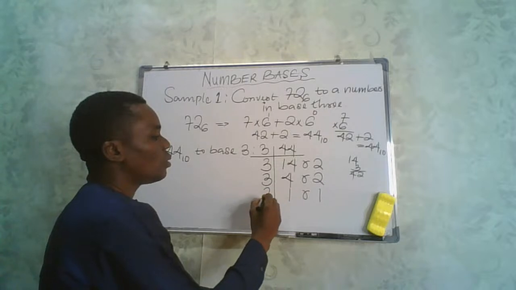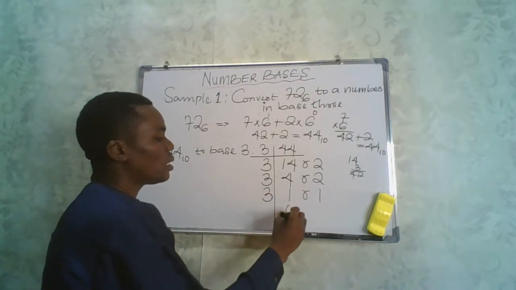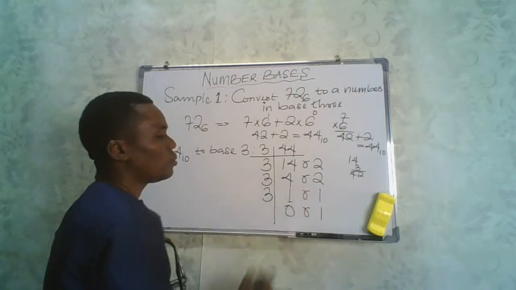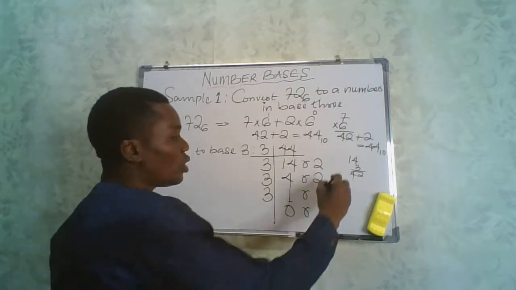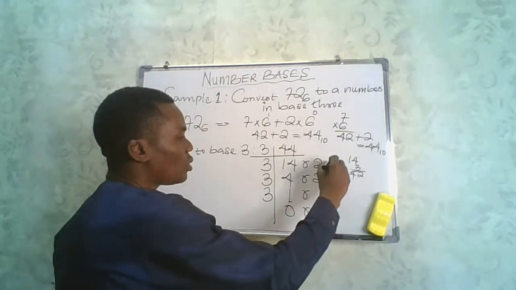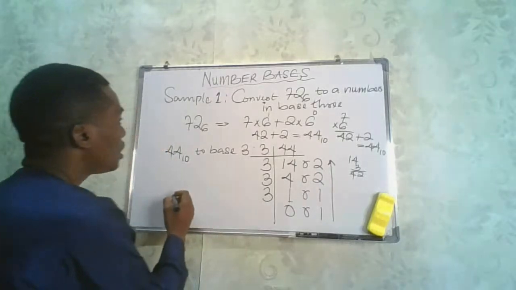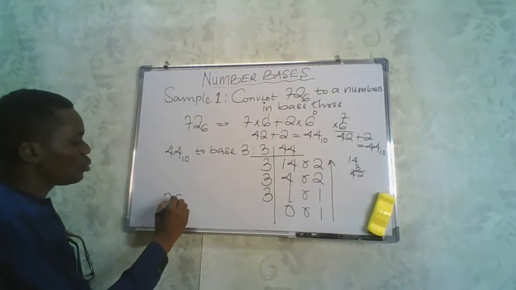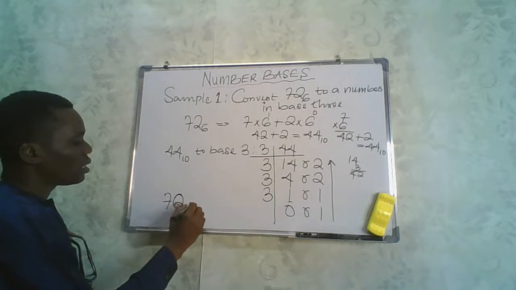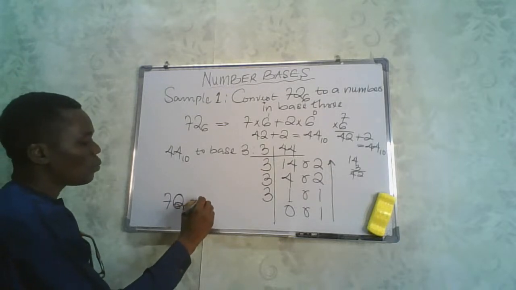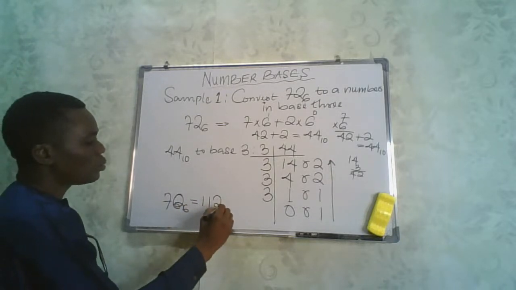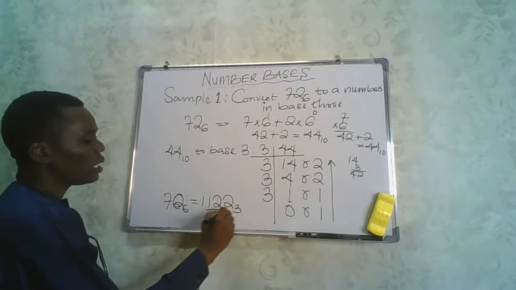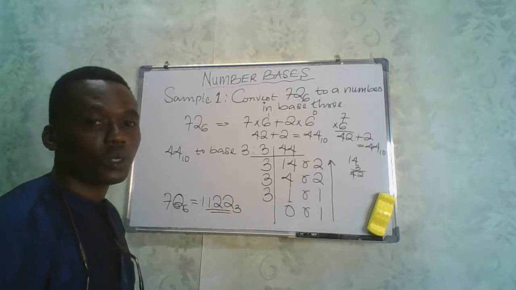So 1 divided by 3 is 0, and the remainder is 1. If you read this from the bottom to the top, you see that 72 in base 6 is equal to 1122 in base 3. And that would be the solution to that question.